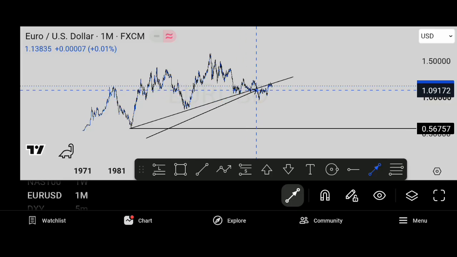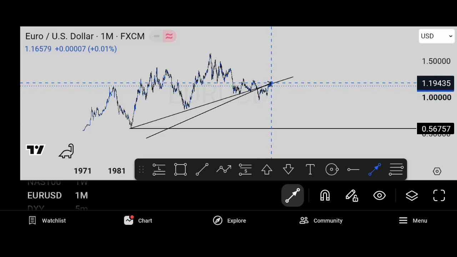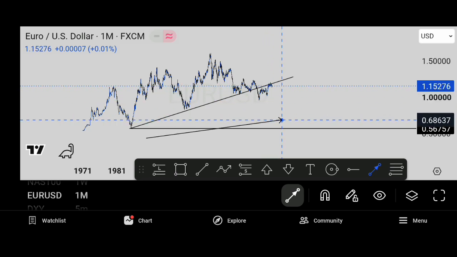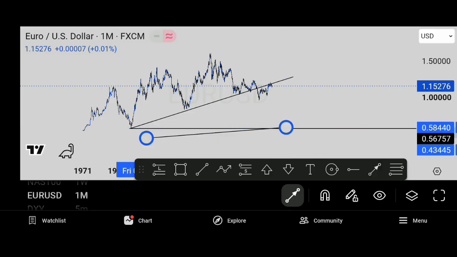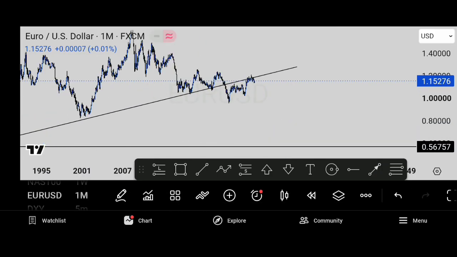Which is a lower low, and now it has created a lower high. So that clearly means that we will be expecting Euro USD to continue moving to the downside, right?